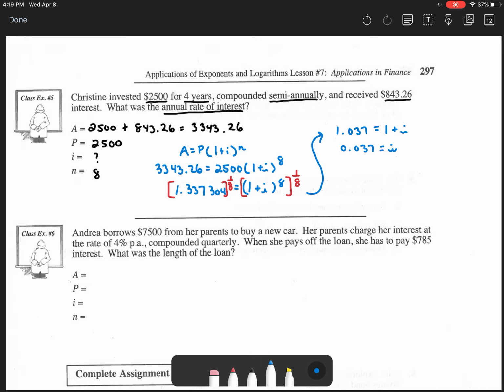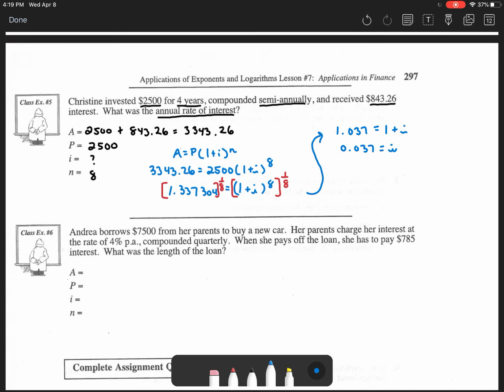Now most people are very happy at this point because they've solved for I, but remember that's my interest rate for this question, which is semi-annually. I want the annual rate of interest. If you read the question, they want the annual rate of interest right there. So what I have to do is take that, and if this is semi-annual, I'll multiply it by 2 to get the annual interest rate.